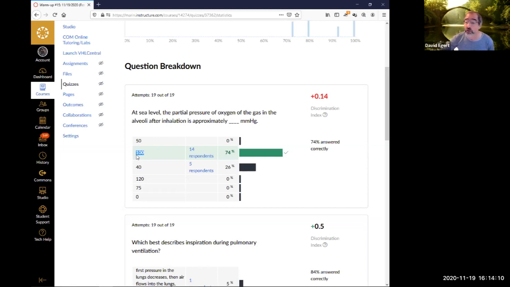The blood returning from the tissues is down at around 40 millimeters of mercury, and that's what drives the movement of oxygen from the alveoli into the blood. Because the alveoli air is 100 and the blood is 40, the oxygen moves along its pressure gradient.